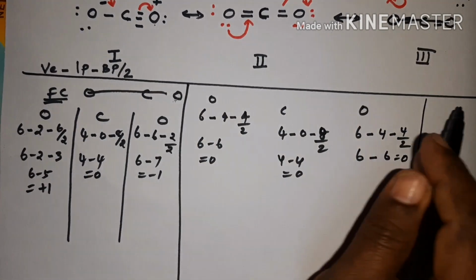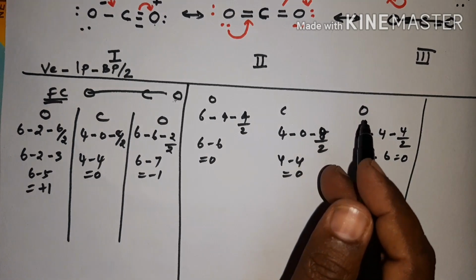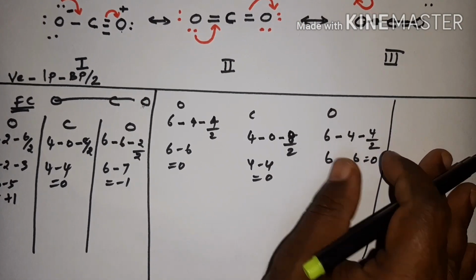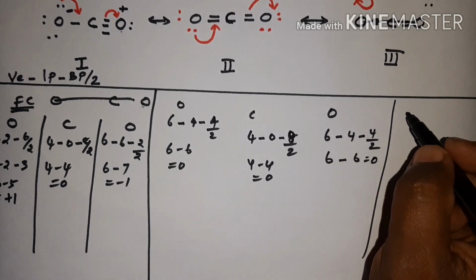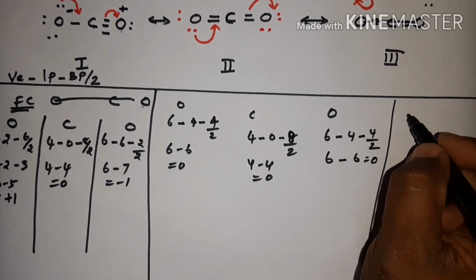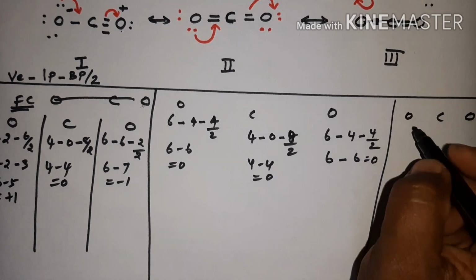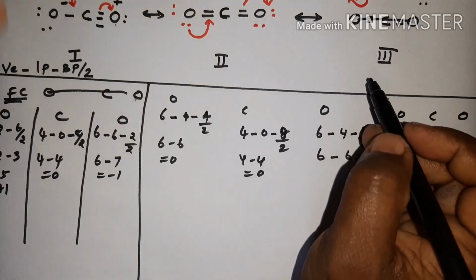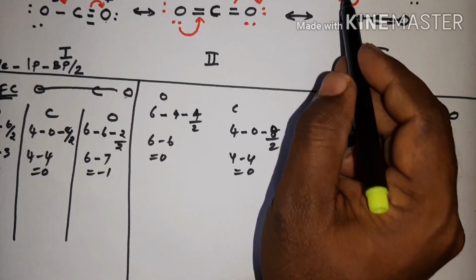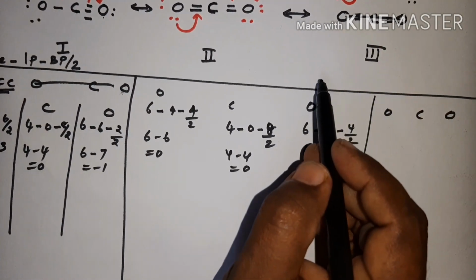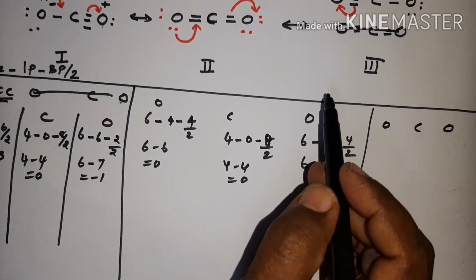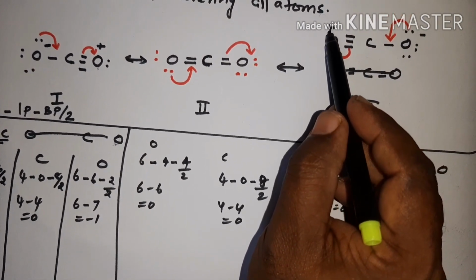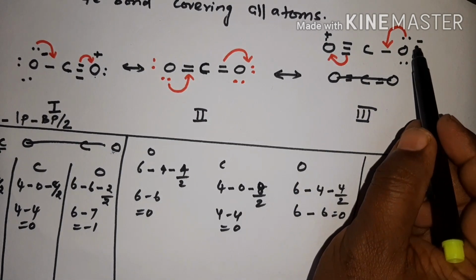Then the last structure. Here you can apply this formal charge, oxygen, carbon, oxygen. This is the first oxygen atom. You see, in this first oxygen atom there is a plus charge, and in the last oxygen atom there is a minus charge.